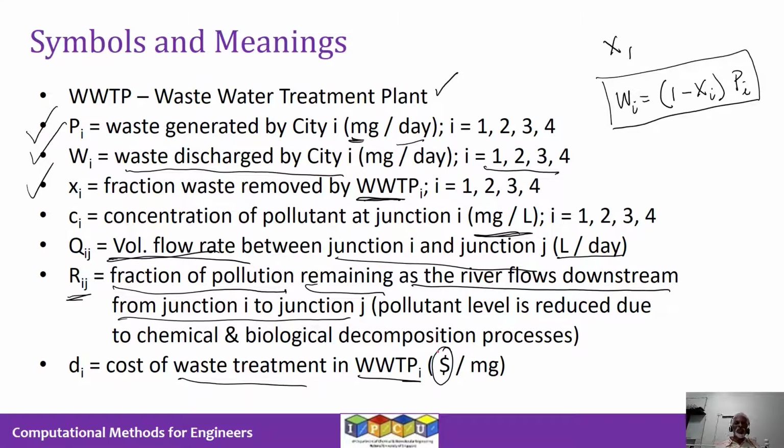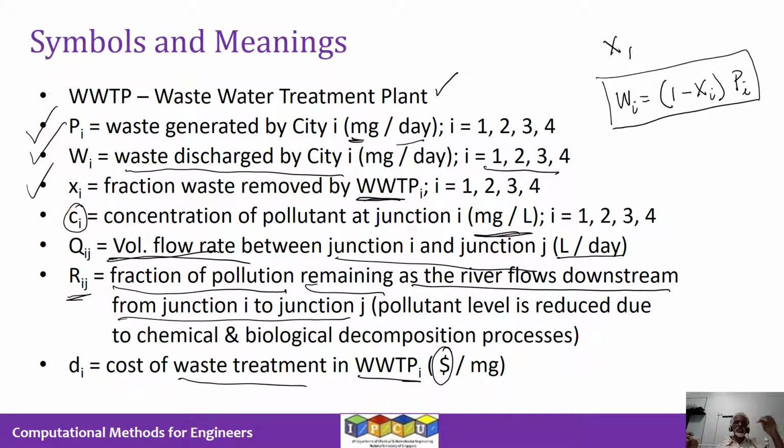And please note the environmental constraints or the environmental regulations are going to say that the Ci, the concentration of pollutant at junctions, should be less than a certain amount, let's say, 20 milligrams per liter. Because the concentrations in the water body are expected to be maximum at the junctions where the waste gets discharged from the four cities.